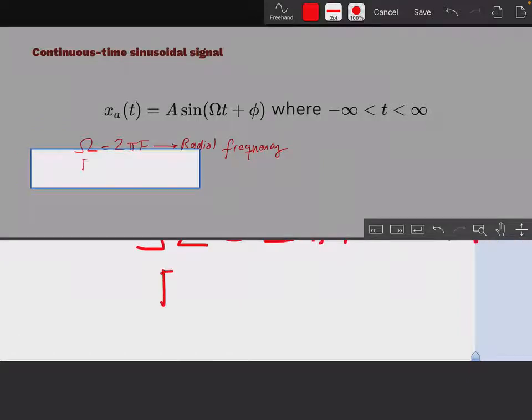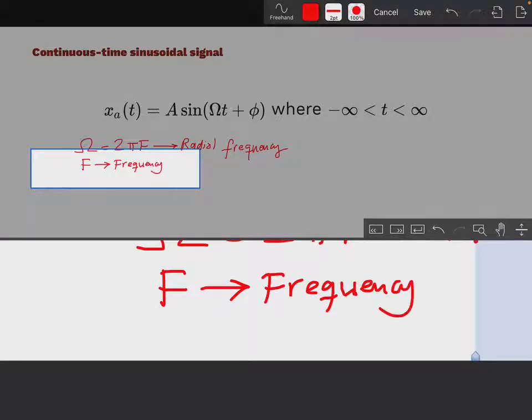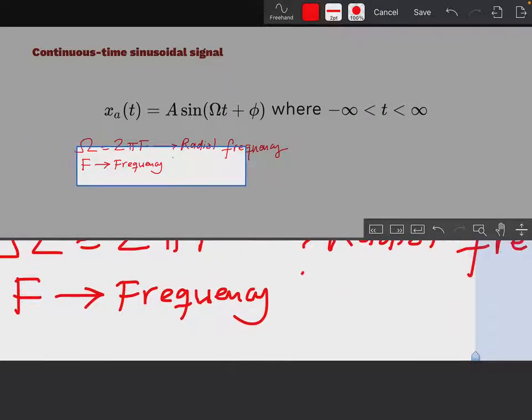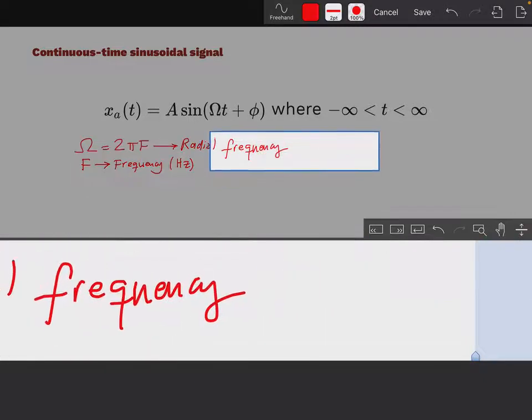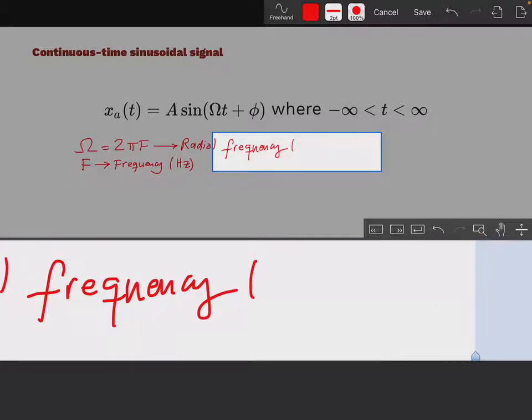And we define F as the frequency, that is, how many oscillations the signal makes in 1 second. The unit is hertz, and the unit for omega is radians per second.